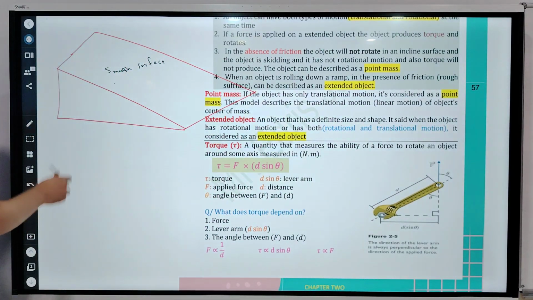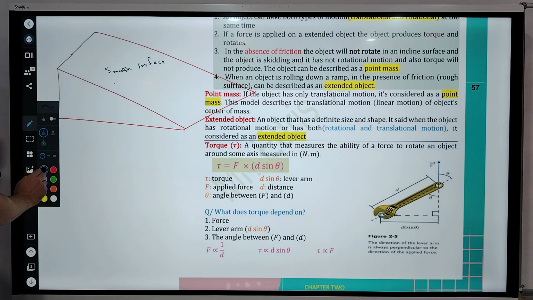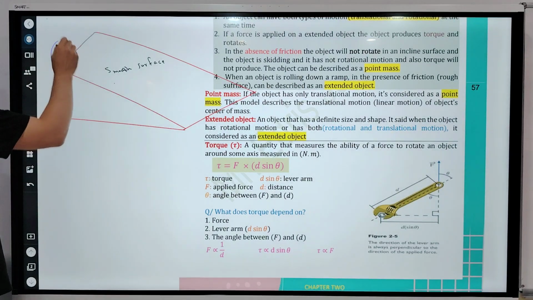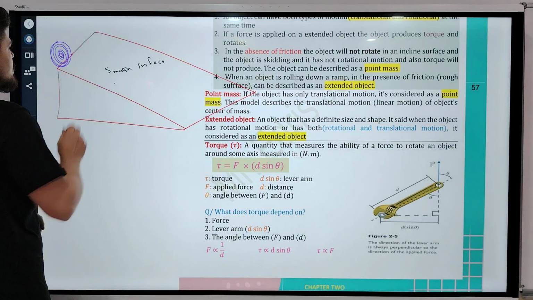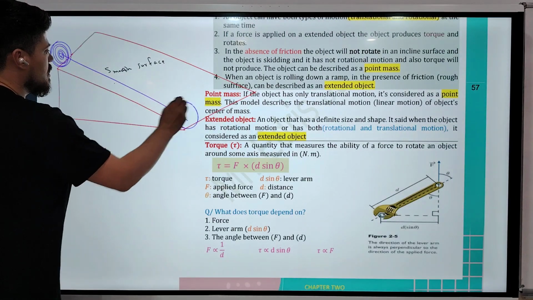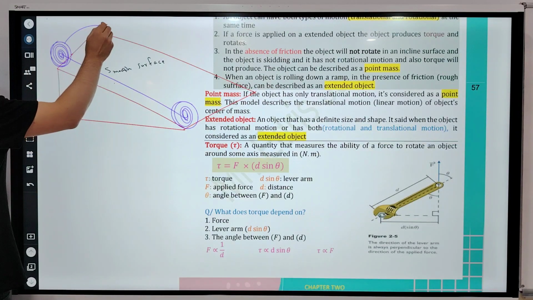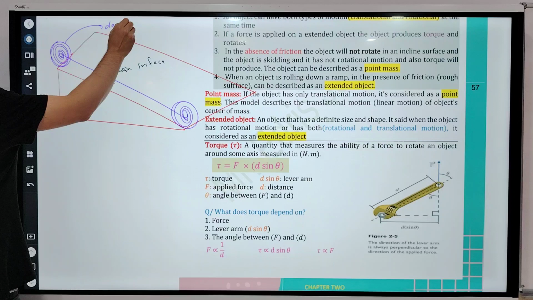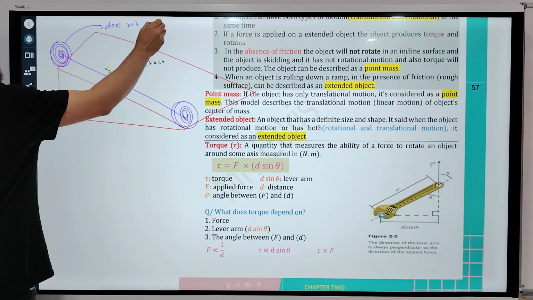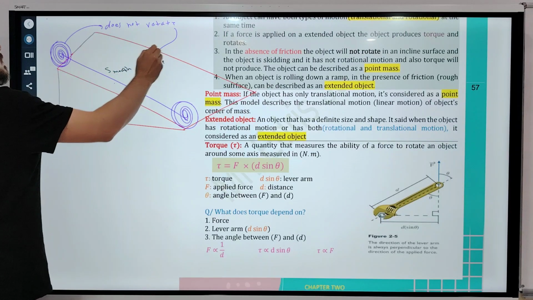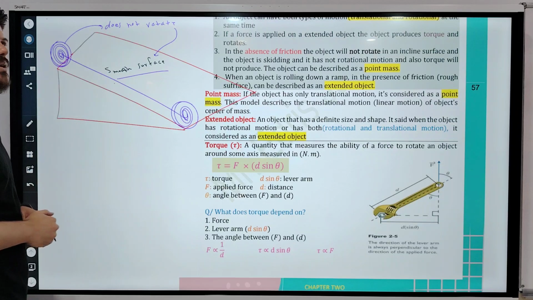In the case where there is no friction, if you release a bowling ball from this incline with a smooth surface, the bowling ball doesn't rotate. Be careful. It does not rotate. Why? Because of the smooth surface.